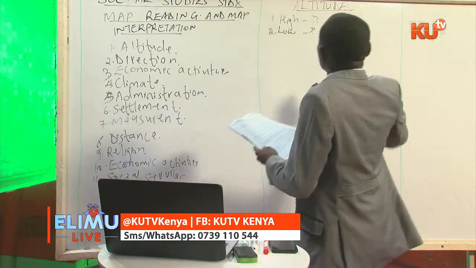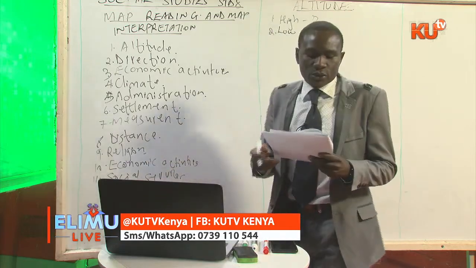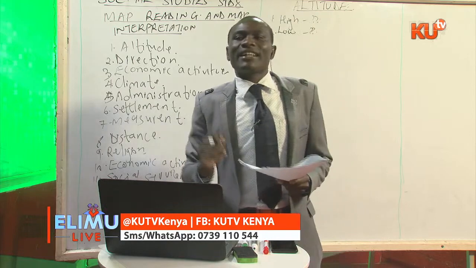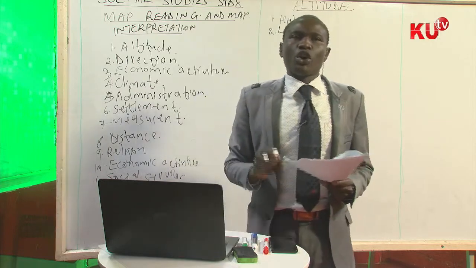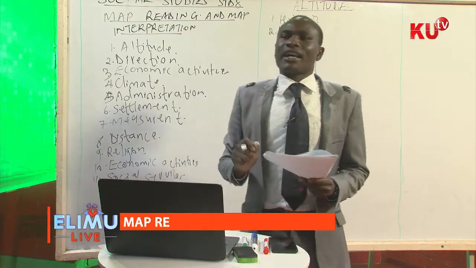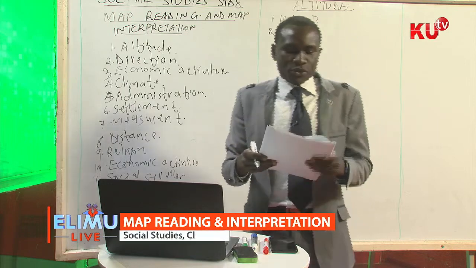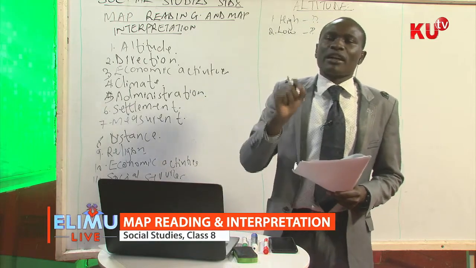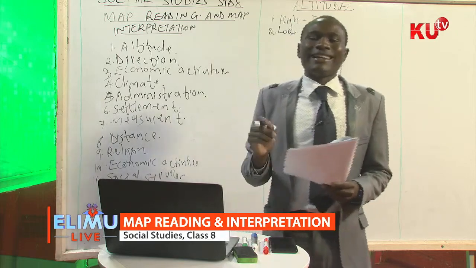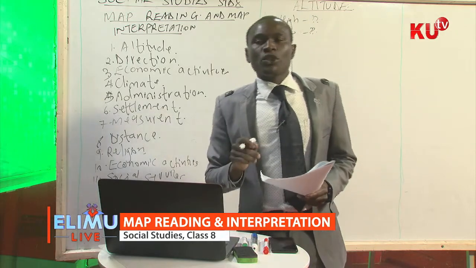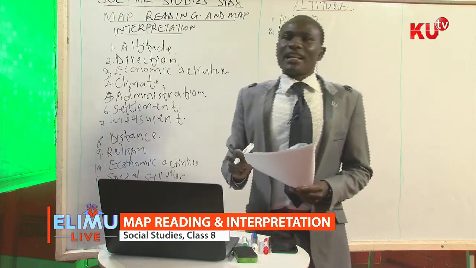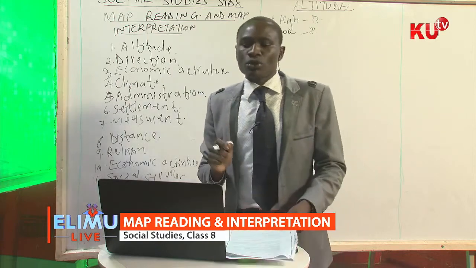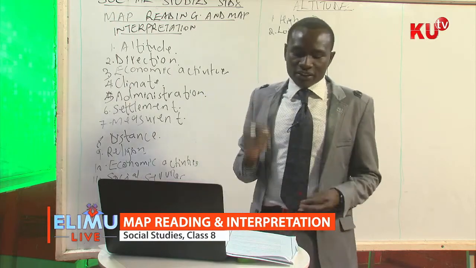Let us look at two, low altitude. How will you know that this is an area of low altitude? What are the indicators of low altitude? One, the mouth of a river, where the river drains its water, is an area of low altitude. Number two, cattle ranches also indicate low altitude.